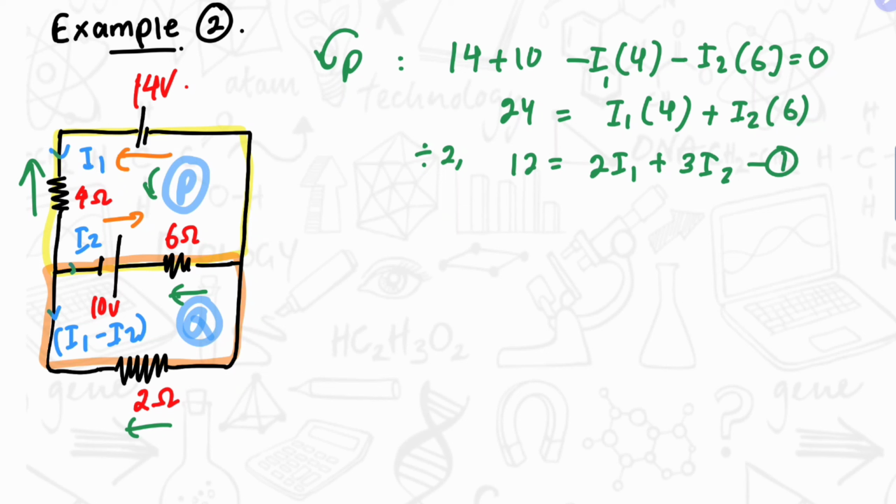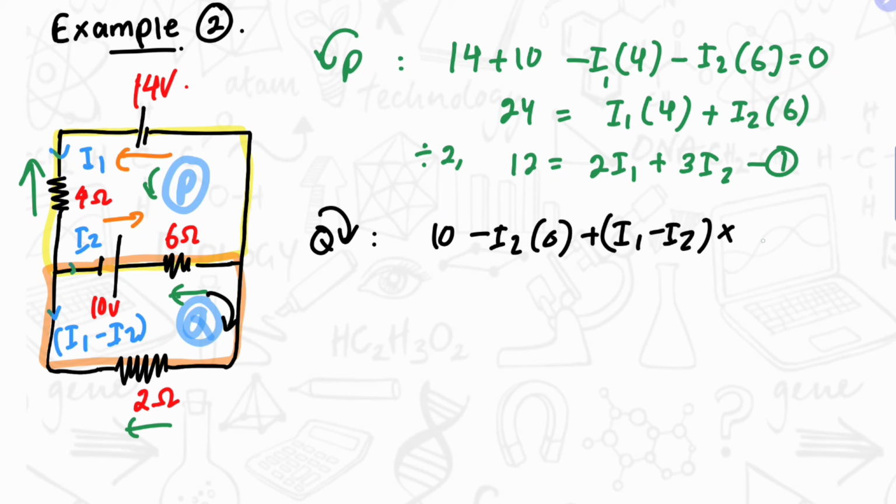Now let's consider the loop Q in the clockwise sense. Then we will get 10 minus I2 times 6 plus (I1 minus I2) times 2 is equal to 0.